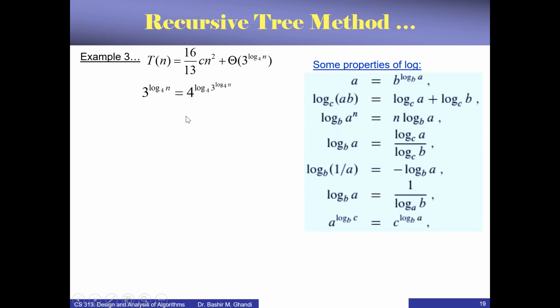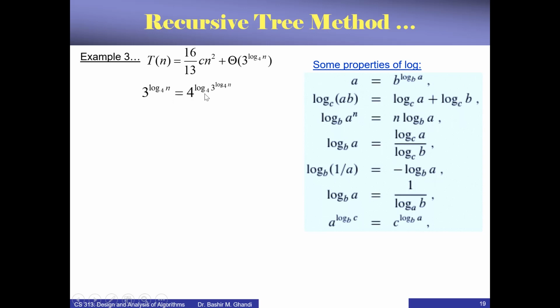We can straight away say that 3 to power log of n to base 4 can be represented as 4 to the power log to base 4 of the same term, because log and power are reciprocal.